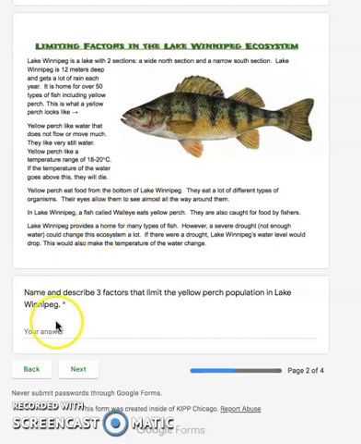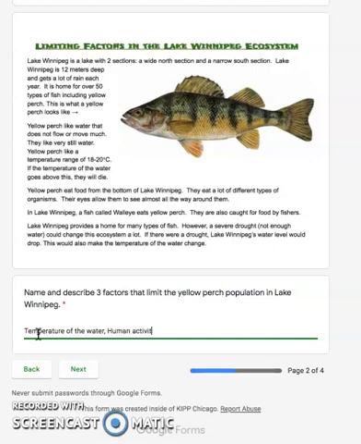Name and describe 3 factors that limit the yellow perch population. Well, there are many that we read about. First and foremost is the temperature of the water, right? It can affect how many yellow perch can survive in Lake Winnipeg. Human activity, right?